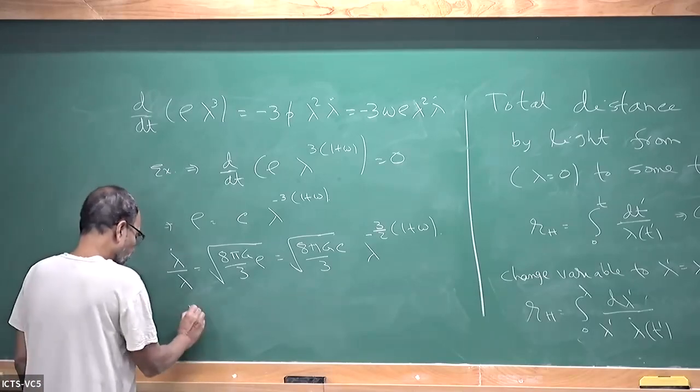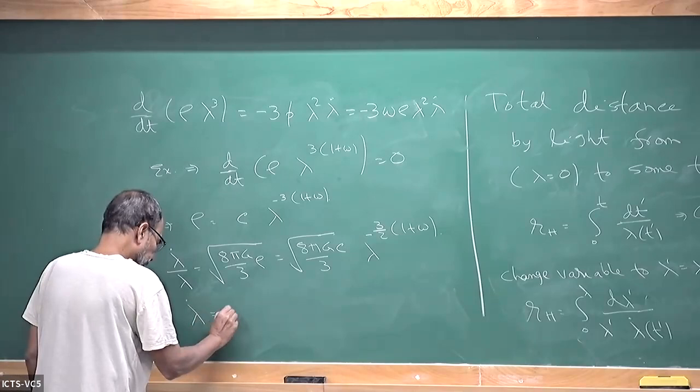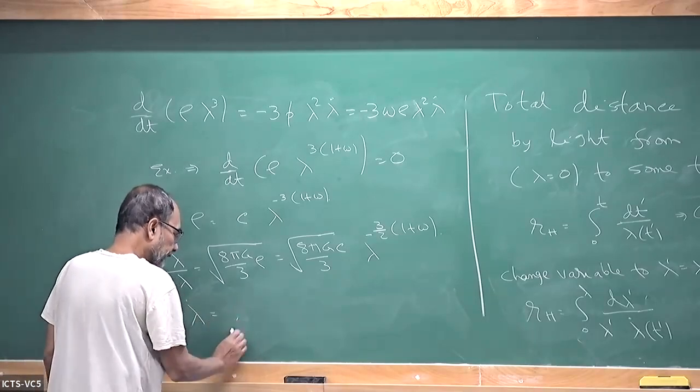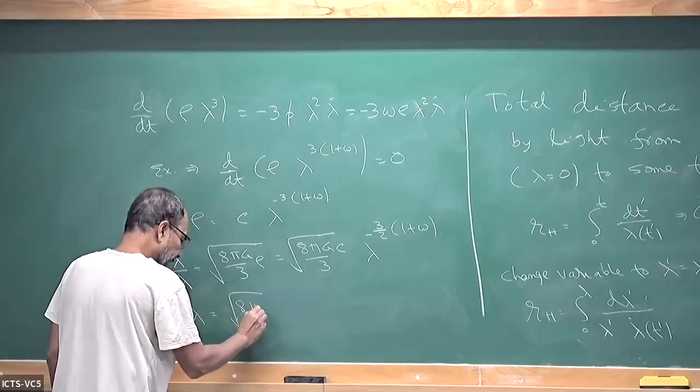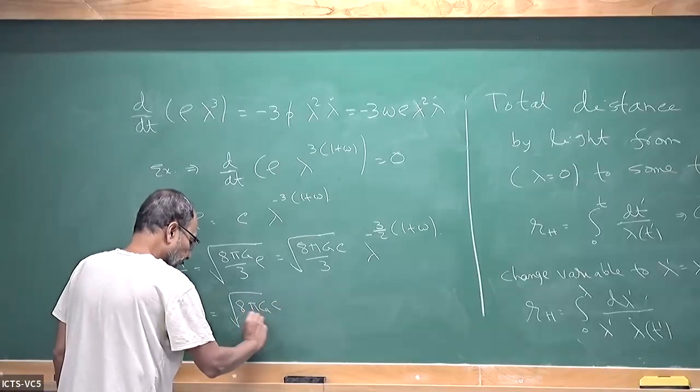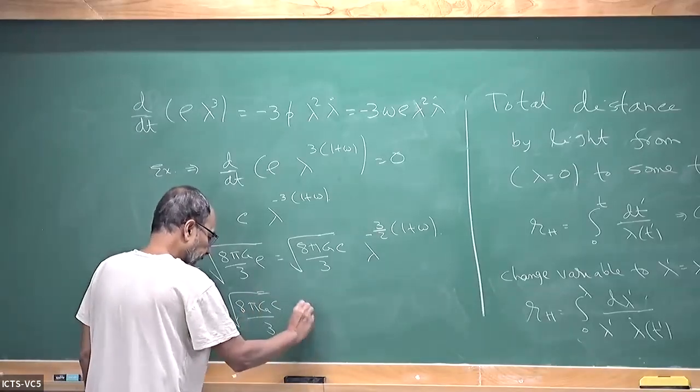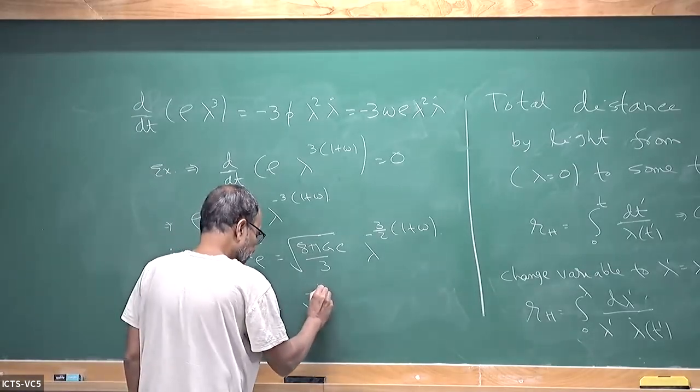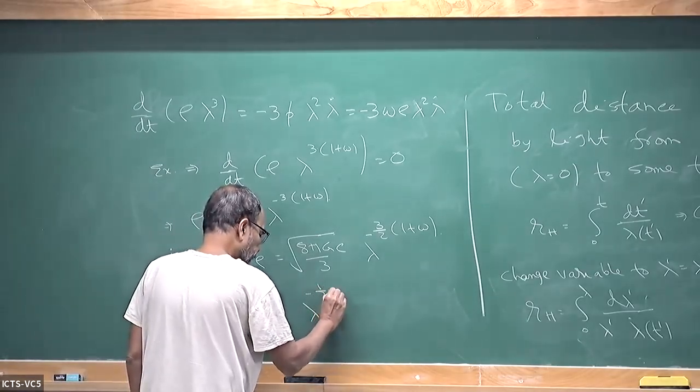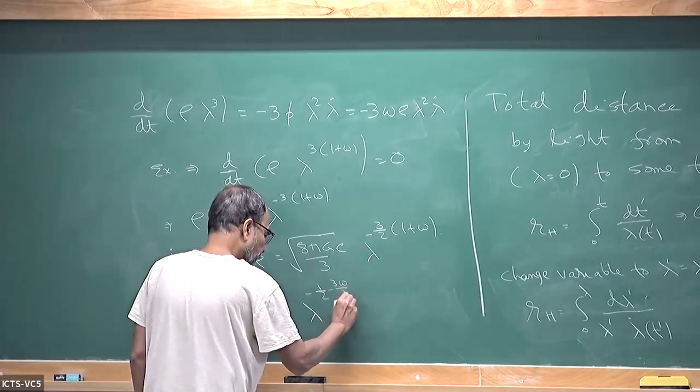So lambda dot is, the constant is not really relevant, let me write it, GC over 3 times lambda to the minus half minus 3w by 2.